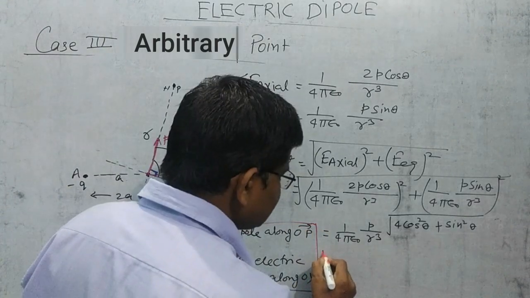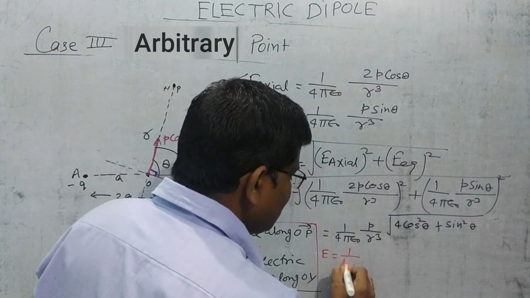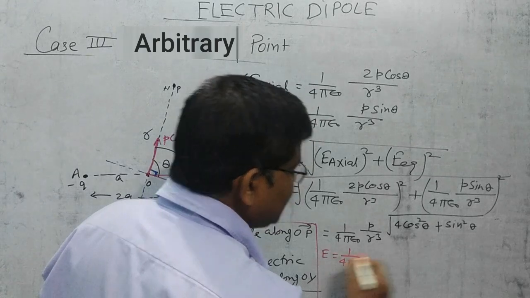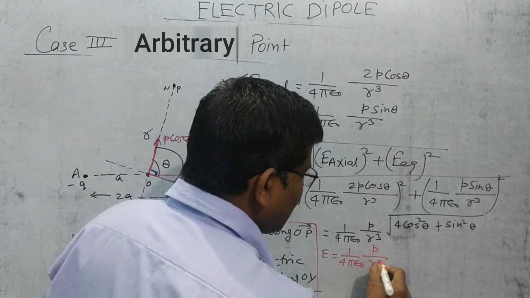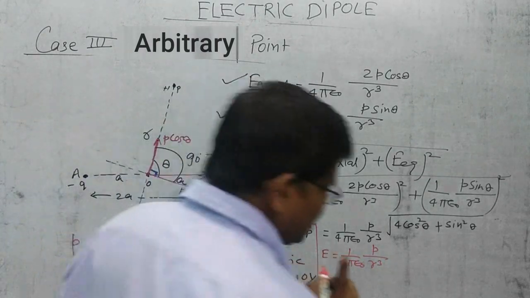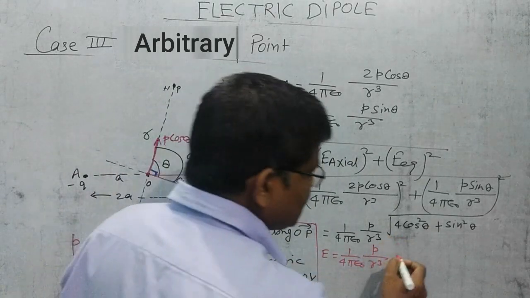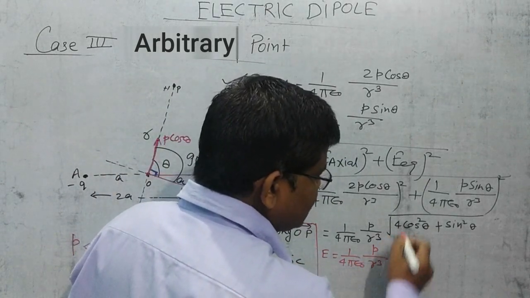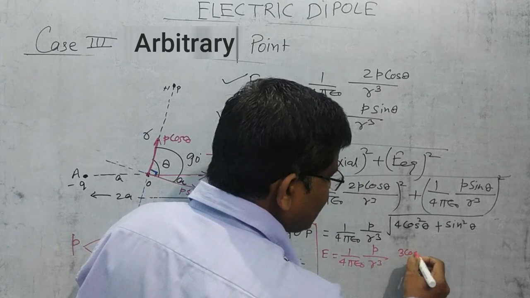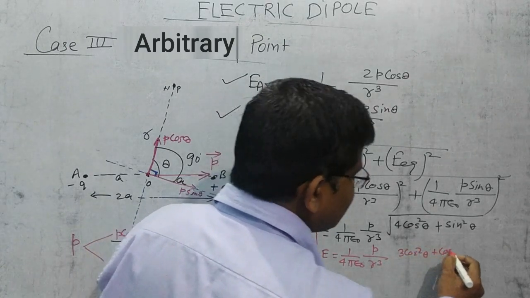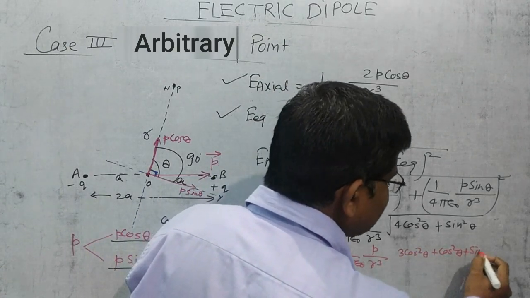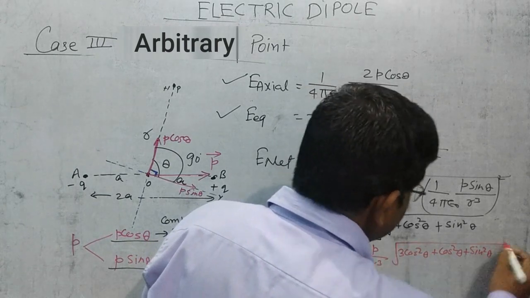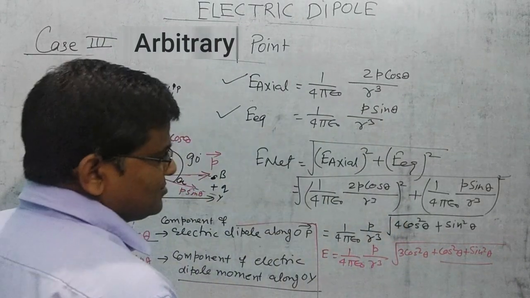Net electric field is equal to 1 by 4 pi epsilon naught times p by r cube. One trick here is, suppose this is 3 cos square theta plus cos square theta plus sin square theta, whole root, meaning this becomes 1.